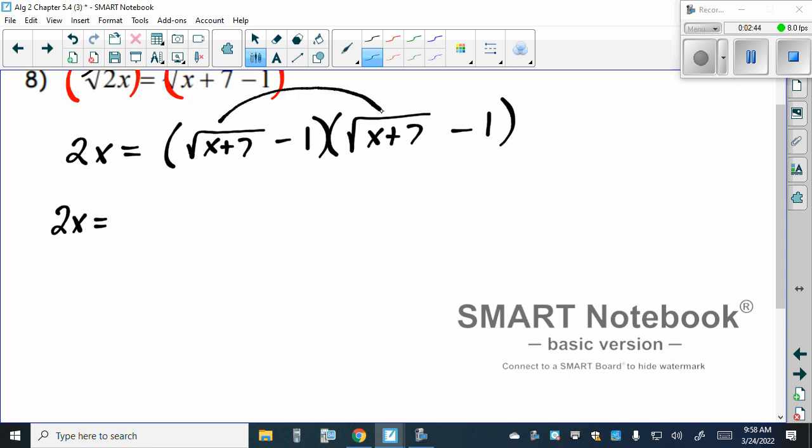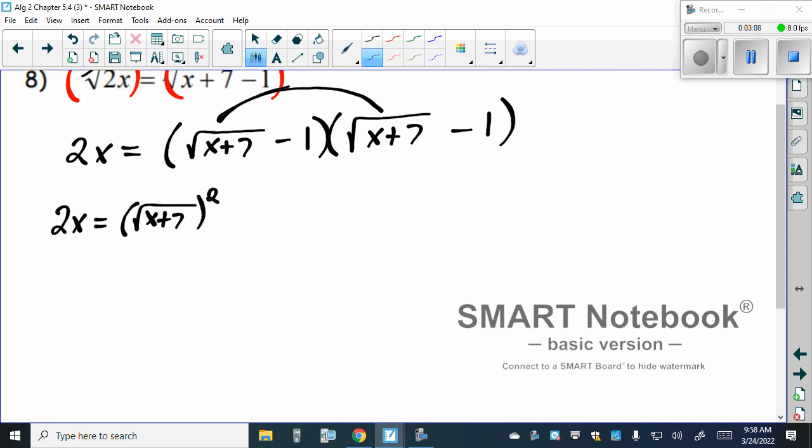So here we're going to multiply the radicals first. So square root of x plus 7 times square root of x plus 7, well, that's going to be the square root of x plus 7 squared, because it's being multiplied by itself, which realistically just means that the radical, the square root, and the square will cancel each other out.